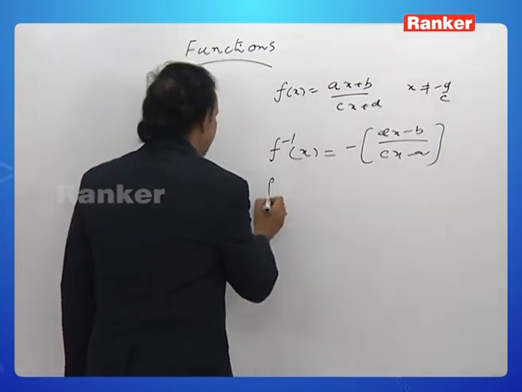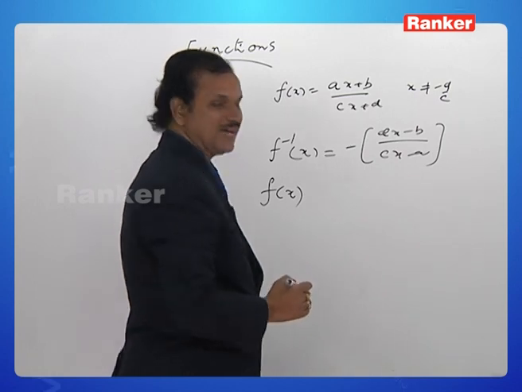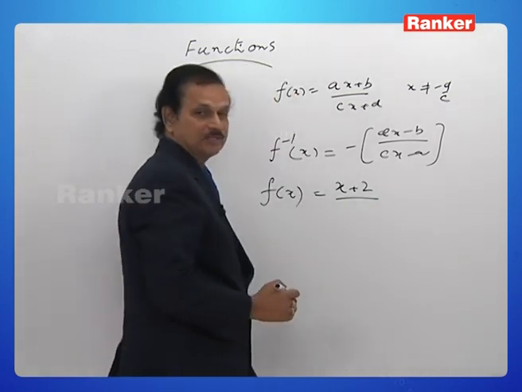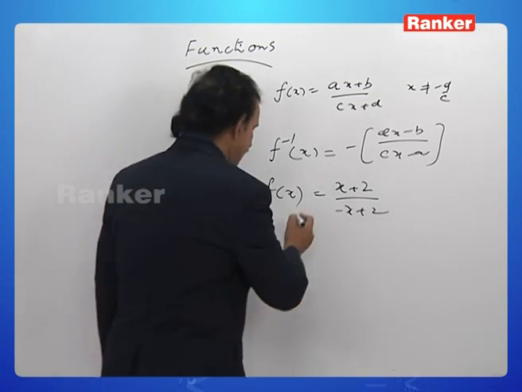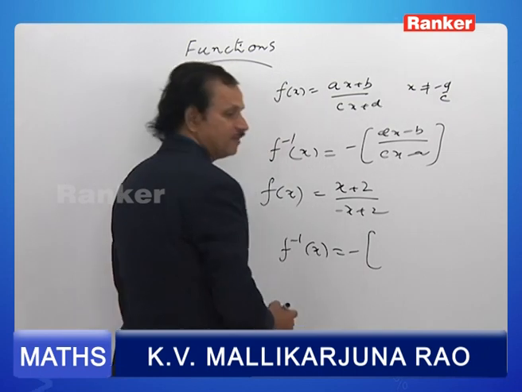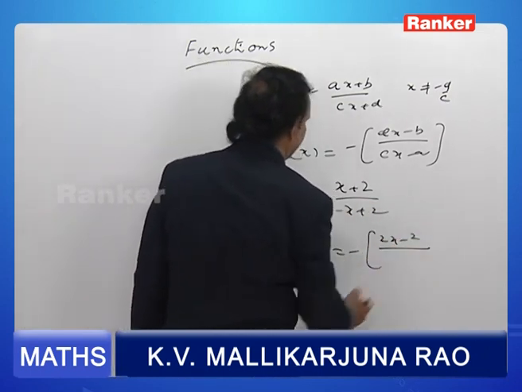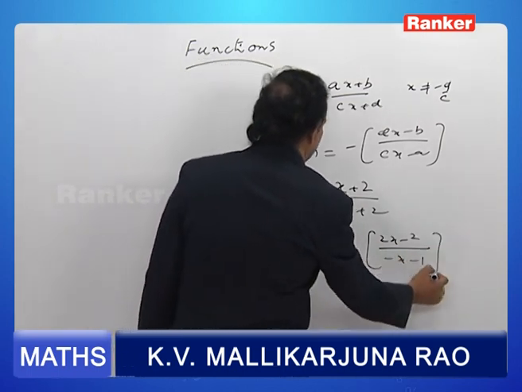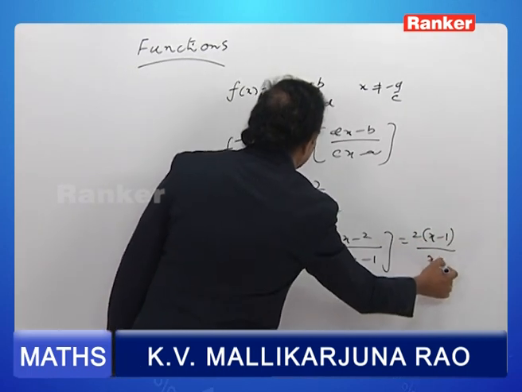Here, what is the function given? f of x is 2 plus x by 2 minus x, and I like to write it as x plus 2 by minus x plus 2. Of course, x not equal to 0. From this directly you will have f inverse of x is equal to minus of dx minus b, that is 2x minus 2 by cx minus a, minus x minus 1, which is nothing but 2 into x minus 1 by x plus 1.